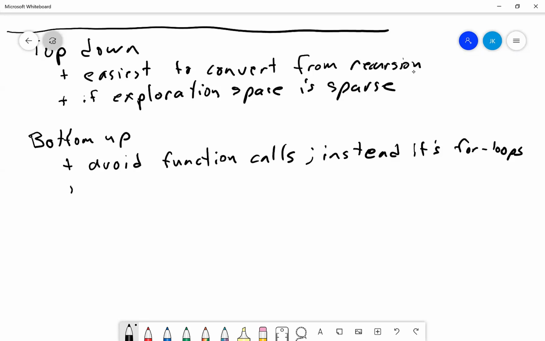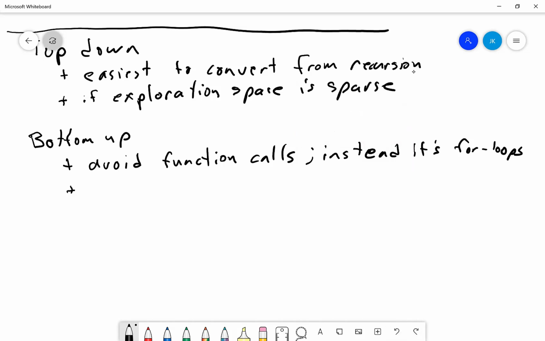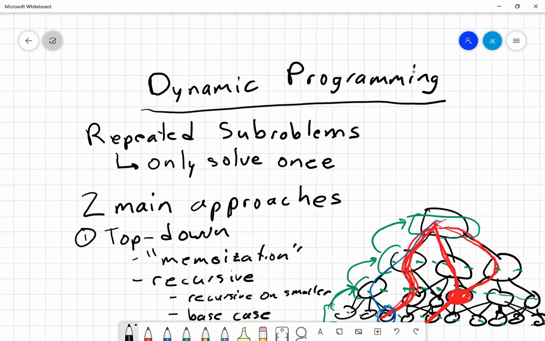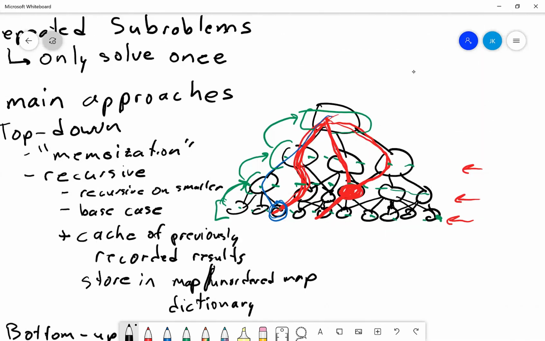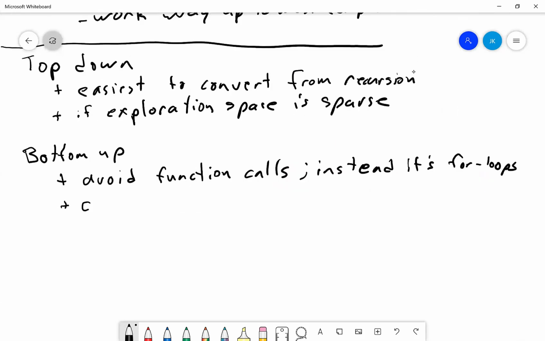If you have a problem like this one up here, and you really are going to have to store everything in each one of these levels, and the only way you're ever going to get your answer up at the top is to have one way or another computed everything on the bottom, then the bottom-up approach can be more efficient.